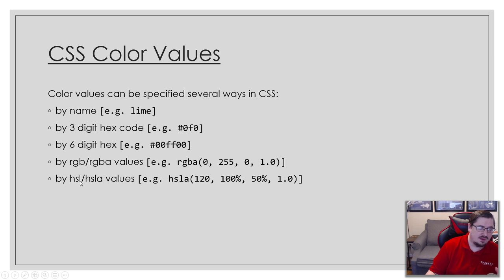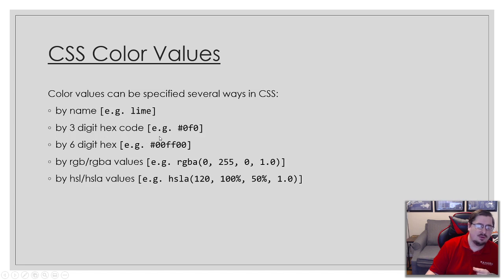Similarly, we can specify HSL or HSLA values, those being with or without the alpha channel. So here I can say the hue is 120 degrees, the saturation is 100%, and the L is 50%, which I forget what the L is.